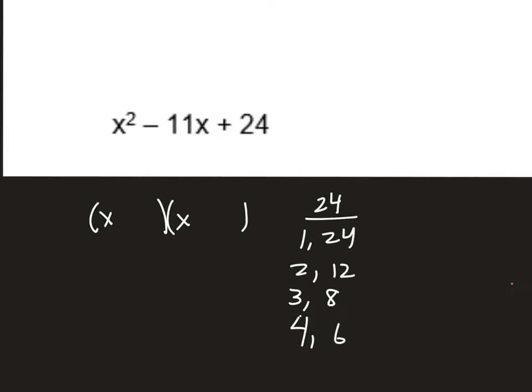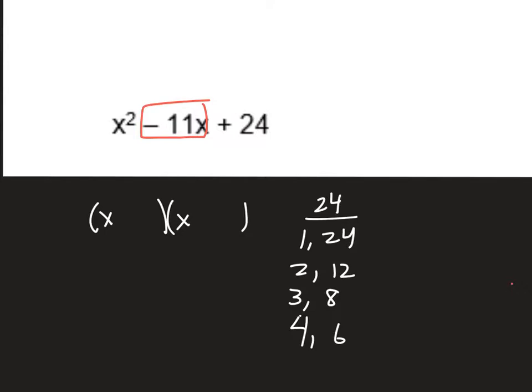Okay, so here's one where we want to pay attention to the fact that we're multiplying to a positive 24. So that makes me think, oh yeah, all our factors should be positive. But what do they have to add up to? They have to add up to a negative 11x. So these positive factors will never add up to a negative 11.